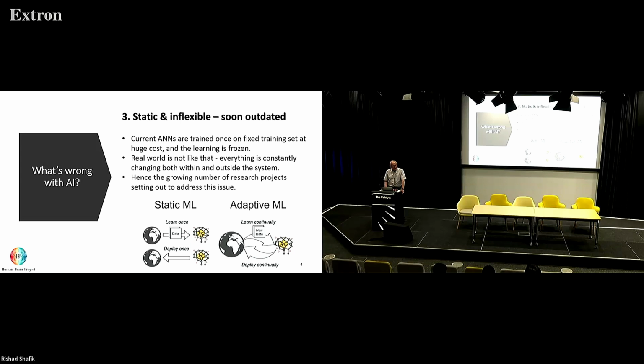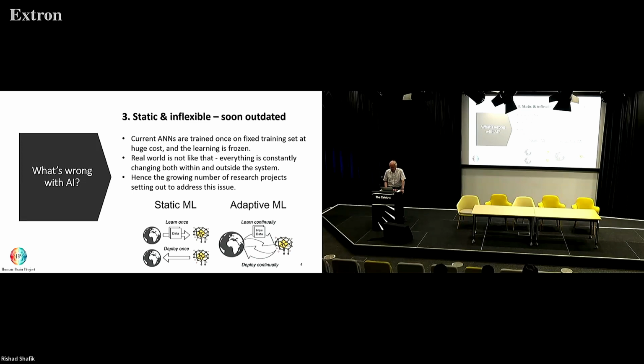And so increasingly, we're seeing AI research into systems that can not only learn large data sets once and then operate with them, but they can also adapt and change as time goes on.